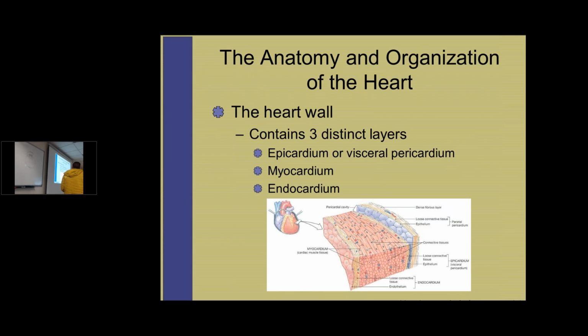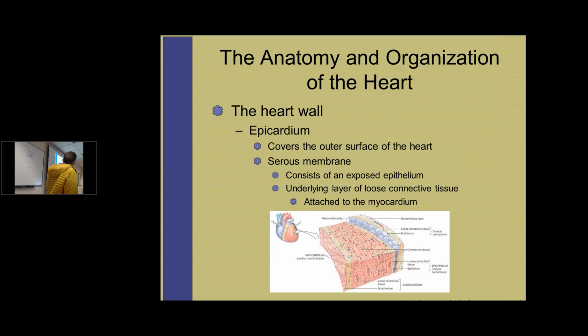Oh, okay. So these are just the muscle layers of the heart. We've got the epicardium, myocardium, endocardium. Myocardium is the big muscular layer where most of the magic happens. Epicardium, just like the pericardium, is the outer layer. Epi is always going to be outer.